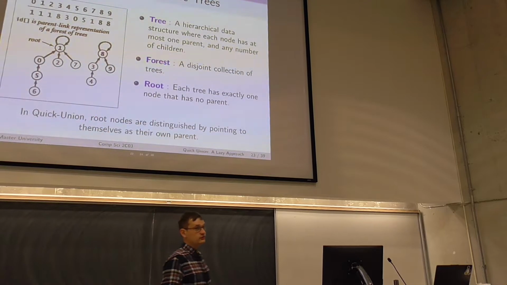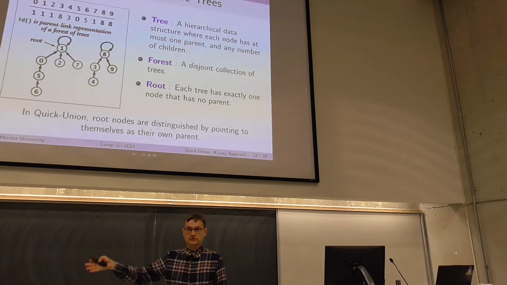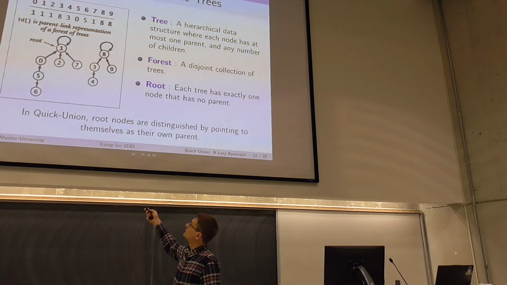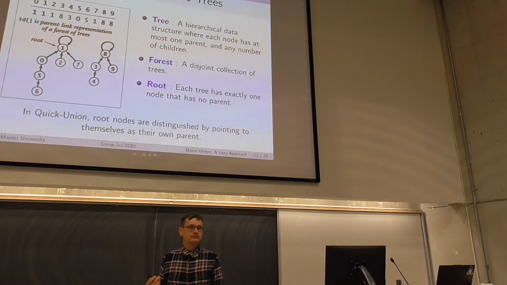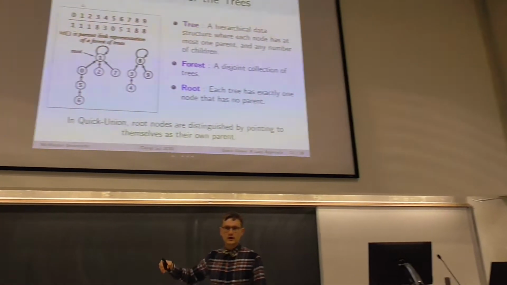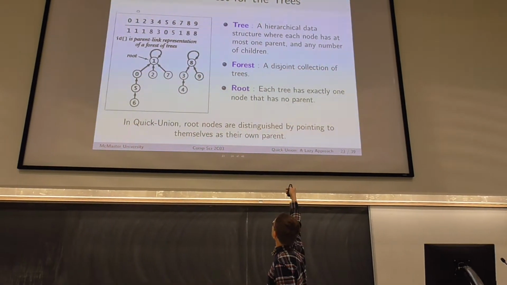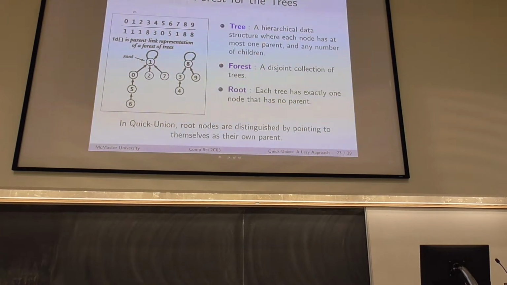In a trinary tree, each parent has at most 3 children, and so on. These are trees with an arbitrary number of children, and as we're going to see, that's going to be a very useful property going forward once we get into the more advanced versions of this algorithm.